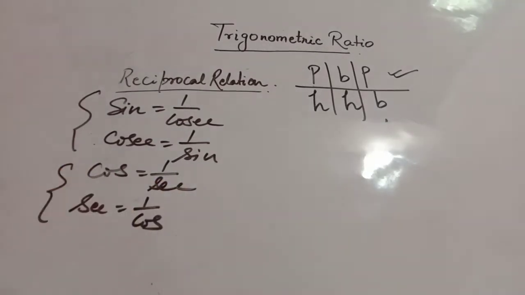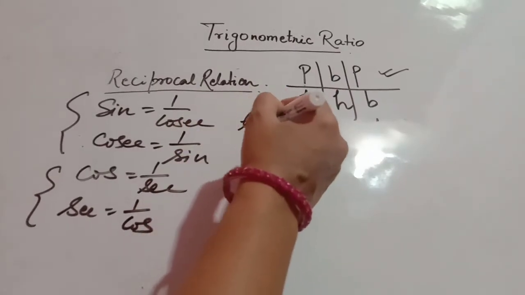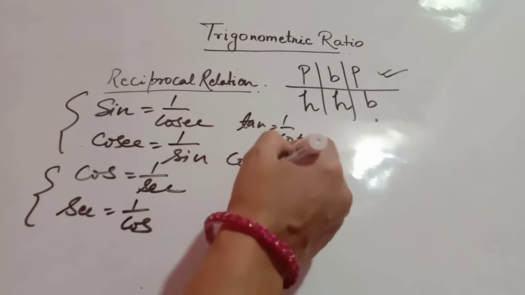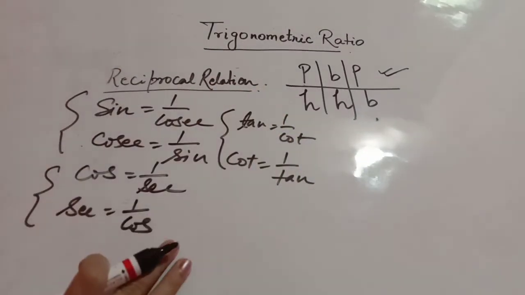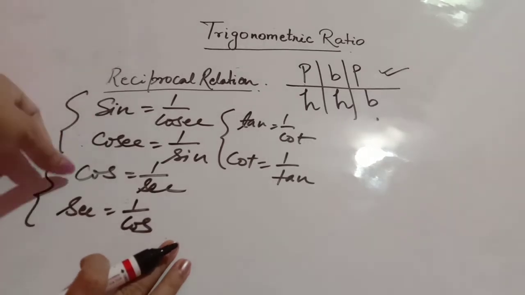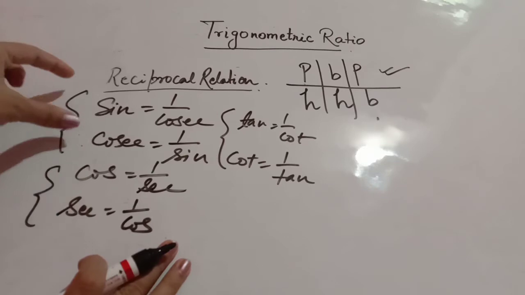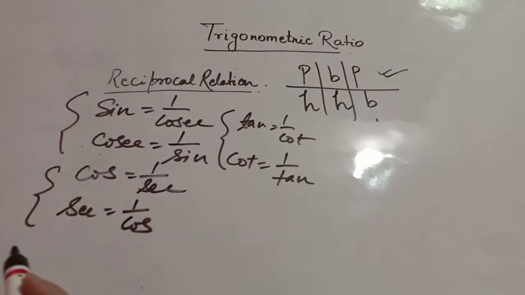So cos and sec are reciprocally related. And then tan is equal to 1 by cot and cot is equal to 1 by tan. We have 6 trigonometric ratios: sine, cos, tan, cot, sec and cosec, and these are the reciprocal relations.